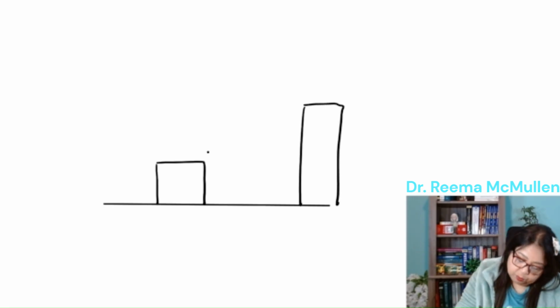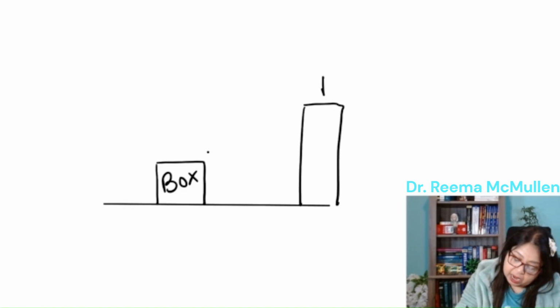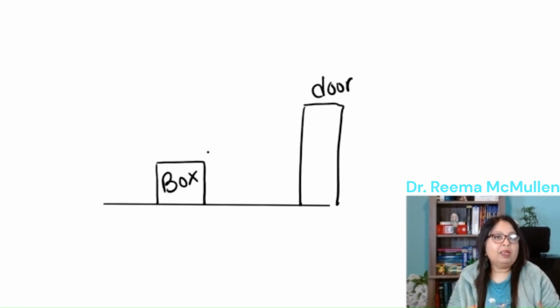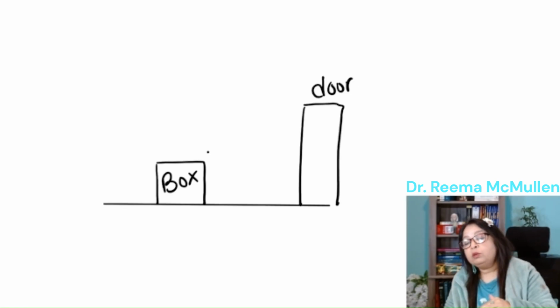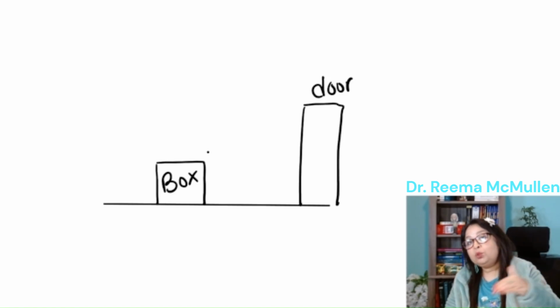So let's say there's this box sitting outside the door and you want to bring it in your home. So let's say a box has been delivered to your home. You want to bring it in. You want to push it along the ground through the door into your home.